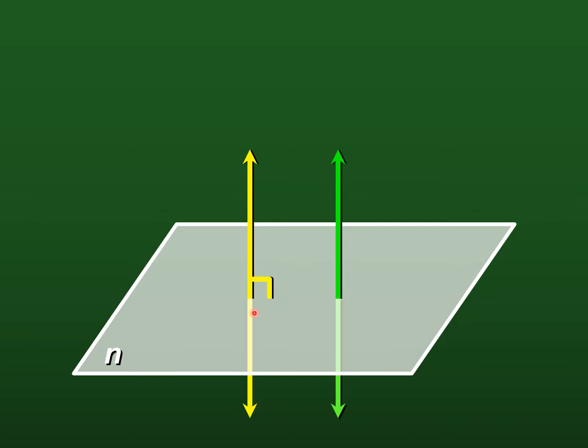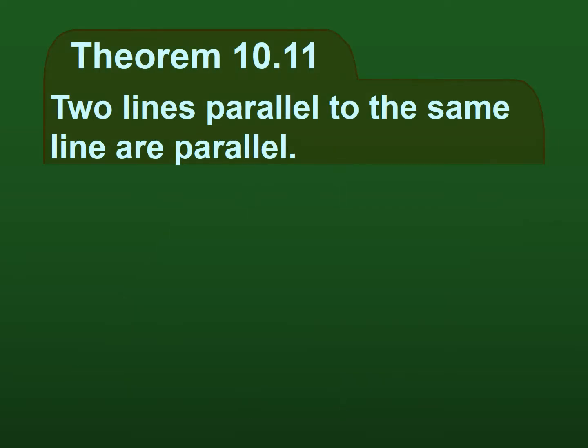Since this yellow line is parallel to this green line, plane N is also perpendicular to that green line. All right, our next theorem says that two lines parallel to the same line are parallel. So if you have two lines and they're parallel to the same line, then those two lines are parallel.